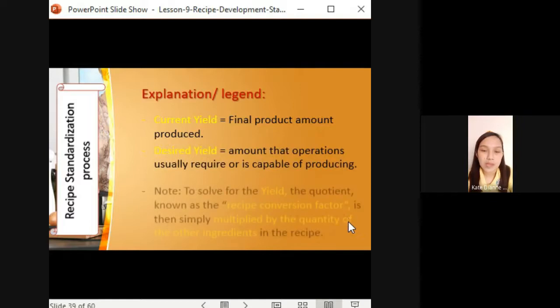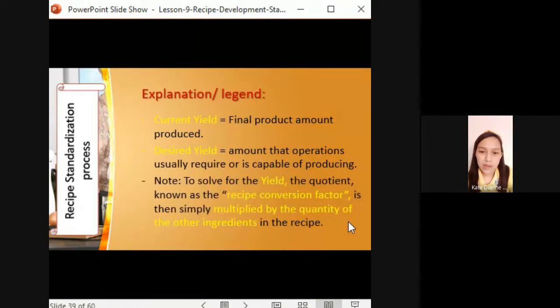Ayan. So, ang current yield, this is the final product amount or amount produced. Again, current yield is the final product amount produced. For the desired yield, this is the amount that operations usually require or is capable of producing.